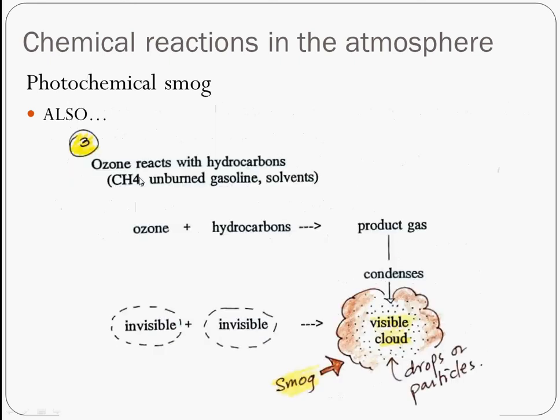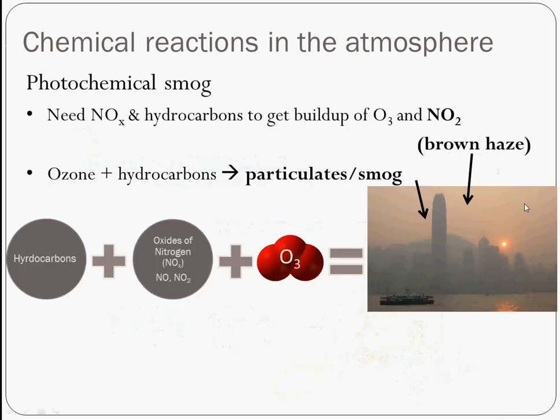So you get higher amounts of ozone than you might expect if all that was going on was this cycle. And we've also got ozone reacting with hydrocarbons, so that creates its own sort of visible cloud of smog. So I'm not going to go into the chemistry here. This is pretty complicated chemistry, but just know that this is also going on. So there's sort of all of these reactions going on that result from the NOx in the air and then the ozone and the hydrocarbons all coming together to form this lovely smog that we have here.